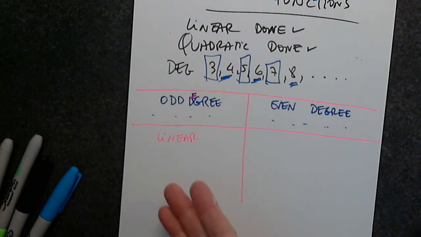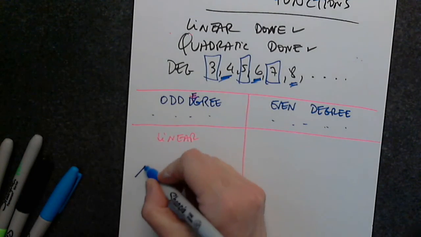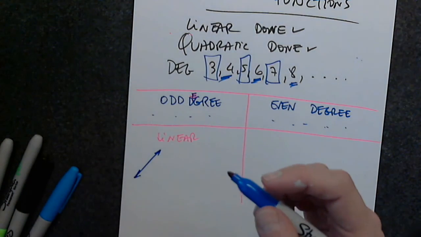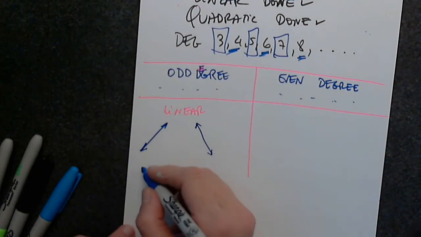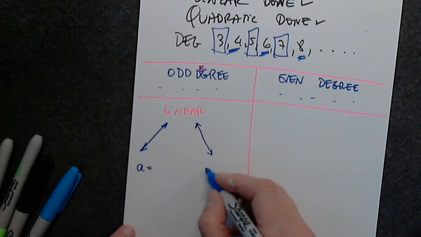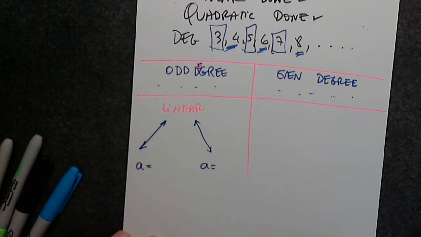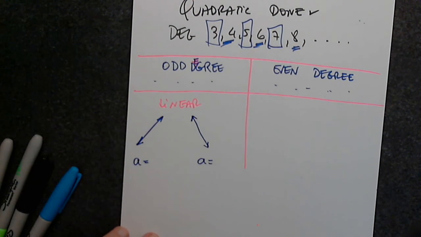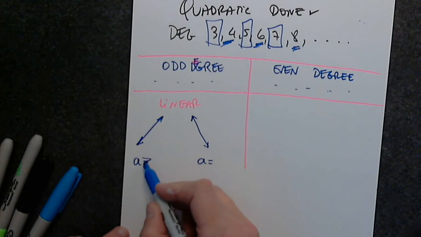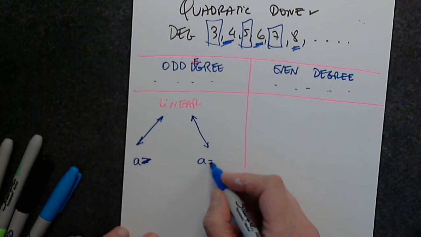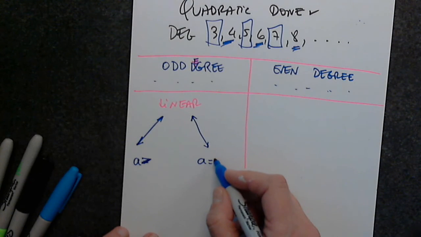Okay, so linear has two options, right? This option and this option. What is the leading coefficient here? And what is the leading coefficient here? What is the type of linear? You don't have to give me a number. But what is the leading coefficient here? Definitely. Yes, of course. This must be a positive number. What about here? Negative.